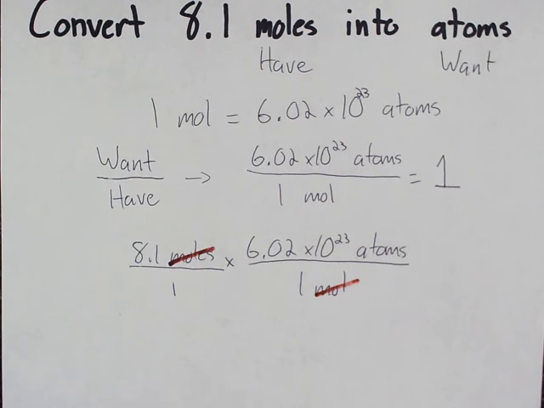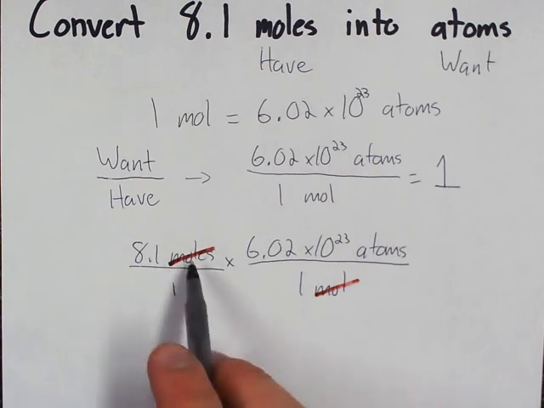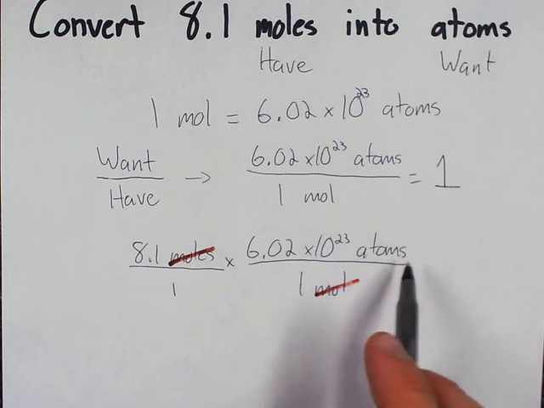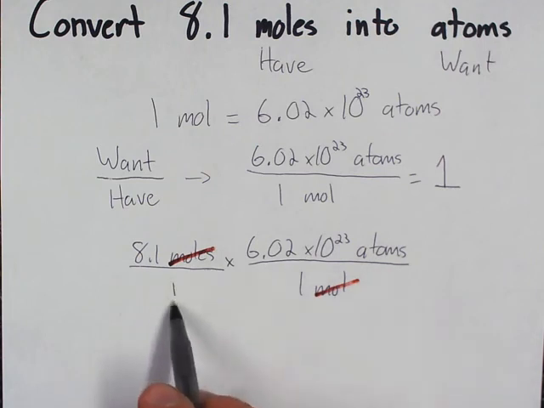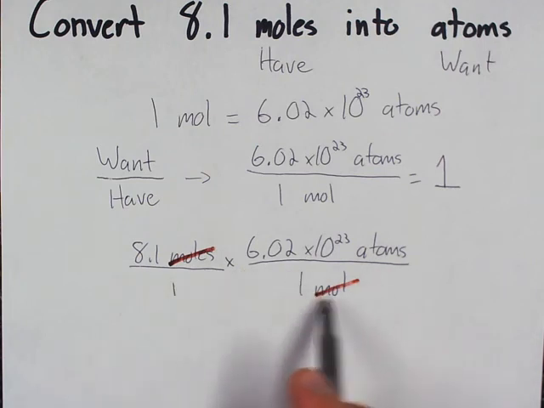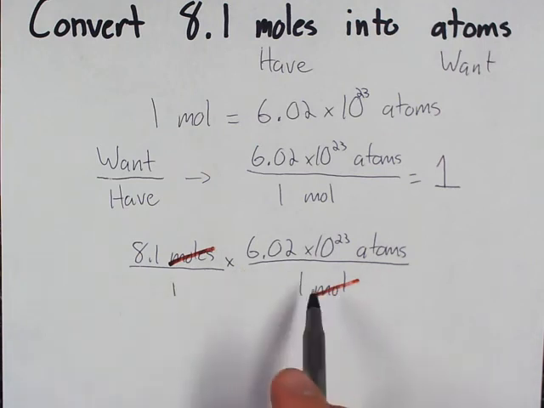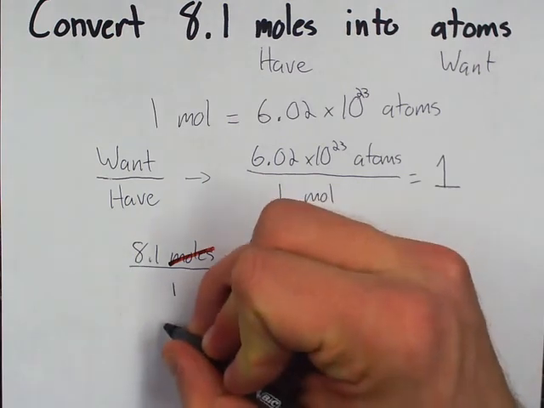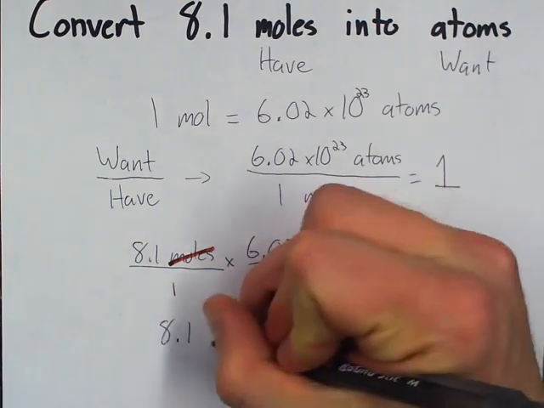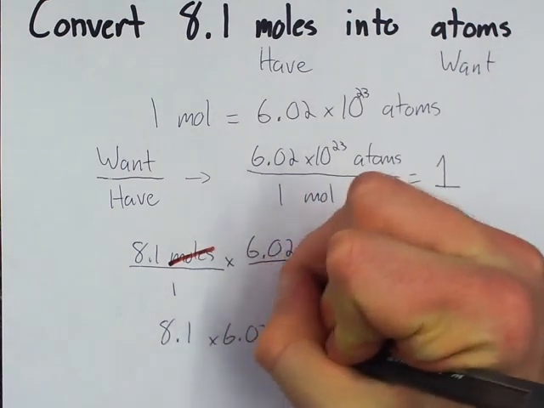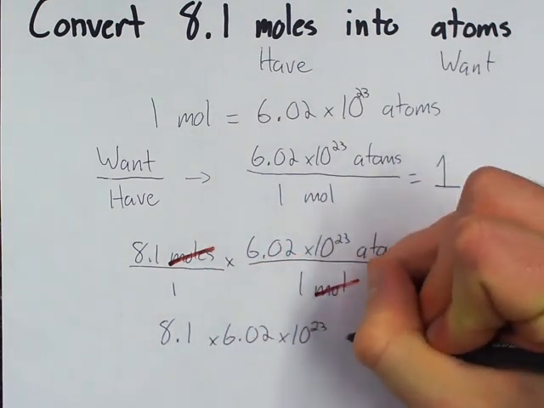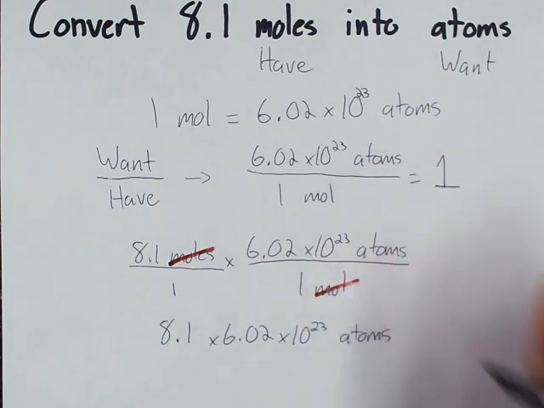So now we've got 8.1 without any units times 6.02 times 10 to the 23 atoms, all over a 1 on the bottom times a 1 on the bottom without any units. So everything's over 1. This is just straight multiplication across the top. Gives us 8.1 times 6.02 times 10 to the 23 atoms.